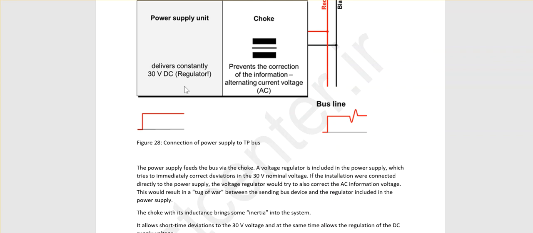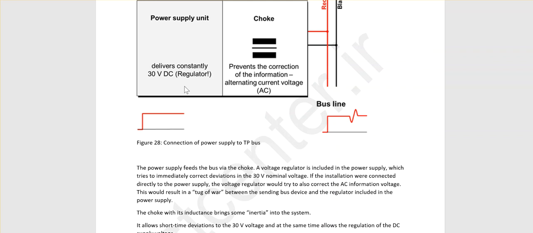Okay, so the power supply unit always wants to regulate the output voltage and keep it around 30 volt DC. But remember that in KNX, when we want to transmit data, we apply the minus 5 and plus 5 AC voltage superimposed on the DC voltage.